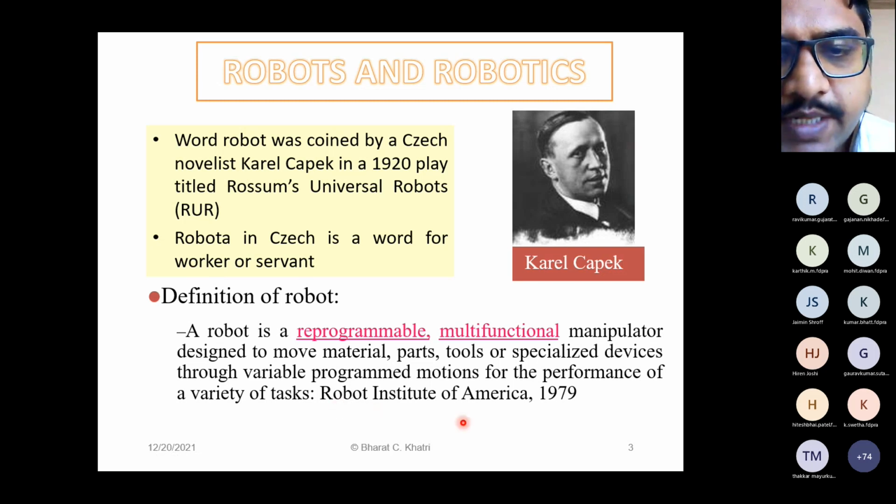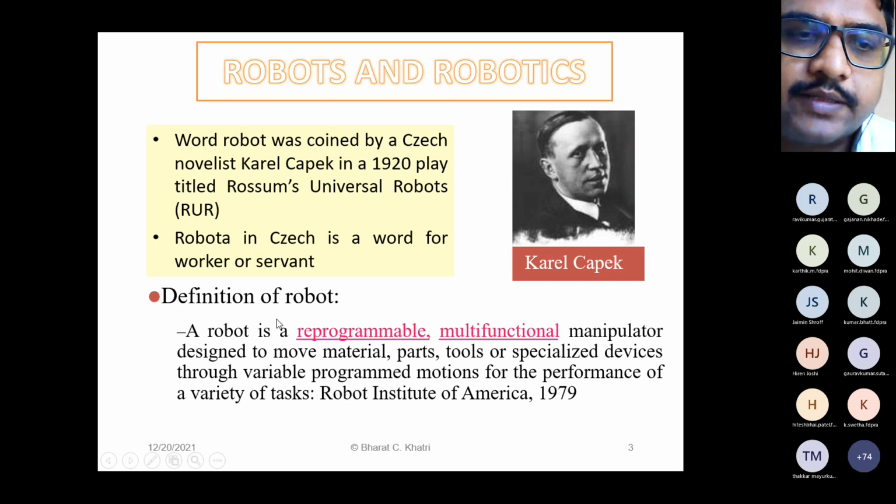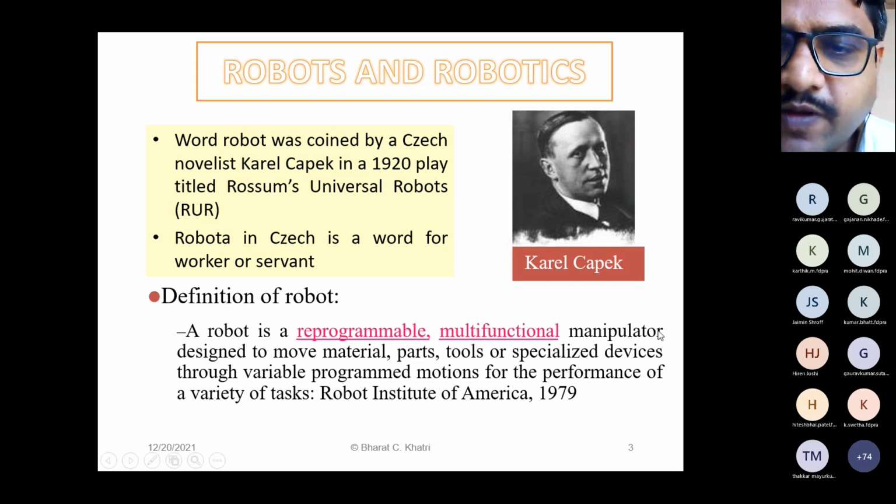And the Robot Institute of America in 1979 gave one definition of what a robot is. It says that it is reprogrammable, so you can change the program, you can give different instructions; multifunction, it can perform various tasks; and a manipulator.